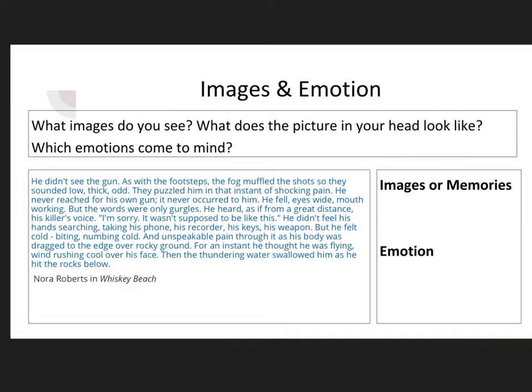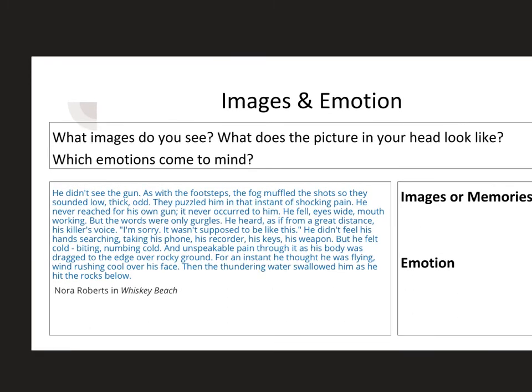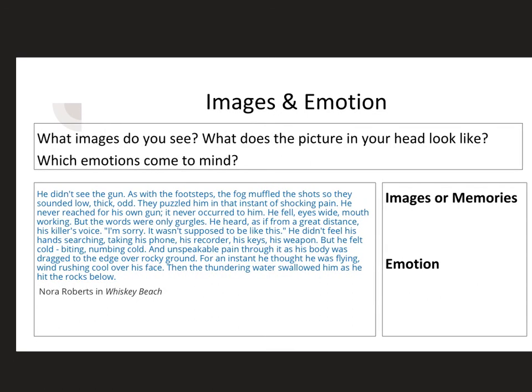All right, next thing, we're going to look at some images and emotion. The 2 questions I have to frame this passage for you are these. The first is, what images do you see and what does the picture in your head look like? We're going to be highlighting these in yellow. The other question I have for you is, which emotions come to mind?